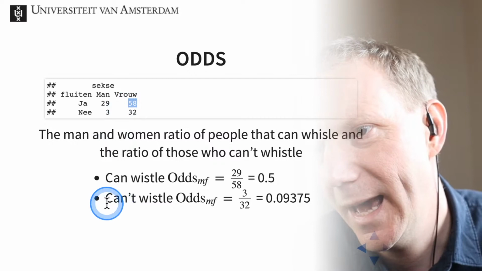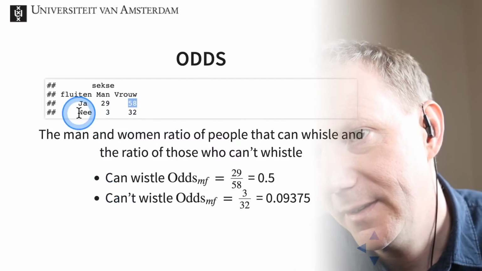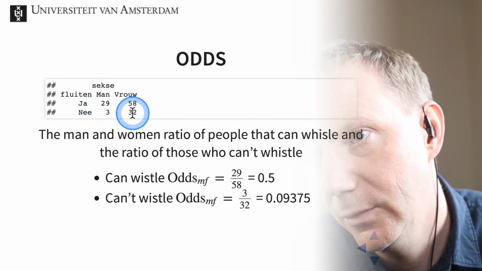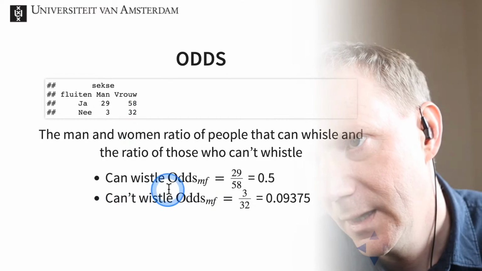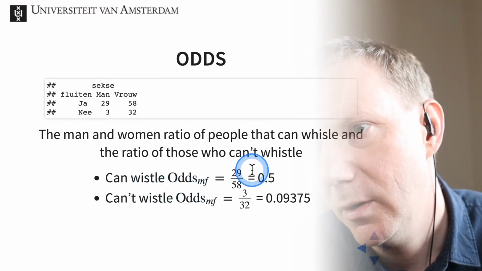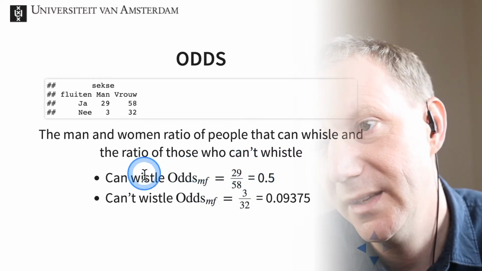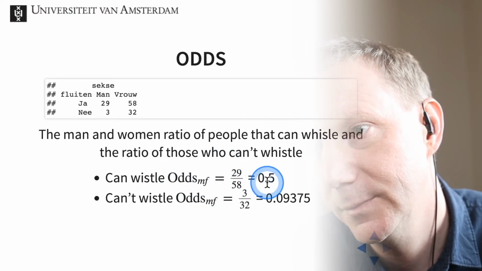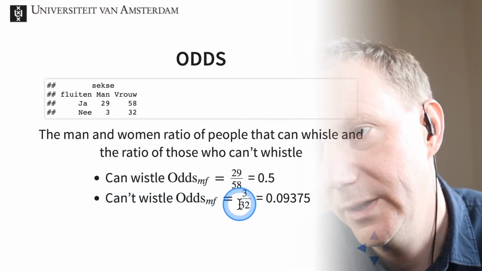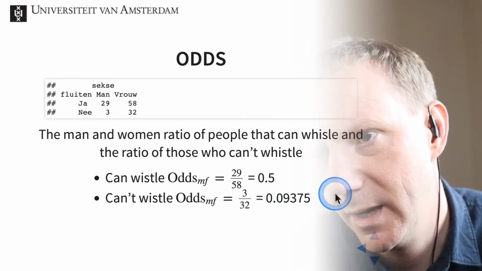And then he's looking at the people that can't whistle, which is a ratio of 3 to 32. So it's the ratio of males to females that are able to whistle, so that's 0.5, and the ratio of males to females that can't whistle, and that's 0.09.